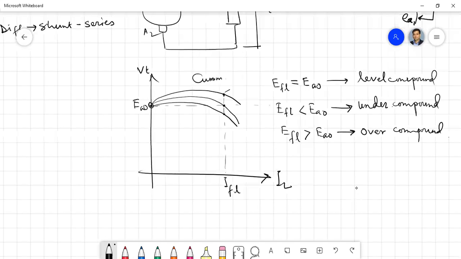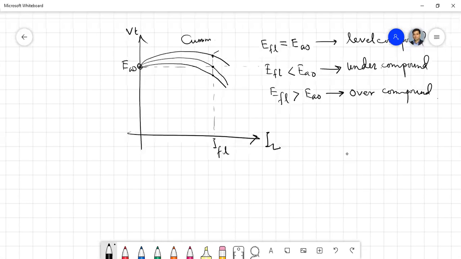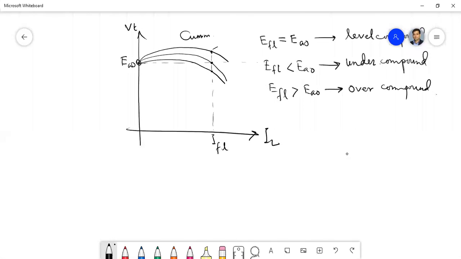So I think you have understood how we are getting these different external characteristics for different types of excitation. All these are for the cumulative compound machine, but if we vary the series contribution, we can get different characteristics. Some characteristics will give you level compound, some will give you under compound.